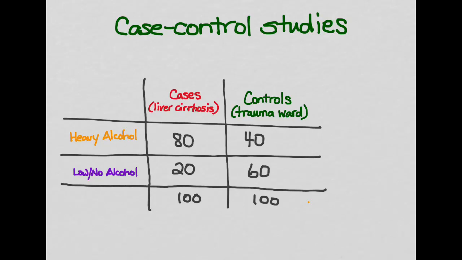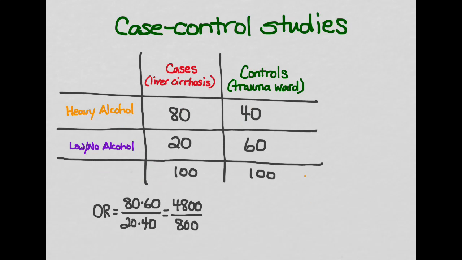So here is our data. We have the cases and the controls broken down by exposure. So we're going to calculate our odds ratio. We calculate the odds ratio by multiplying these cells, so 80 times 60, over 20 times 40.